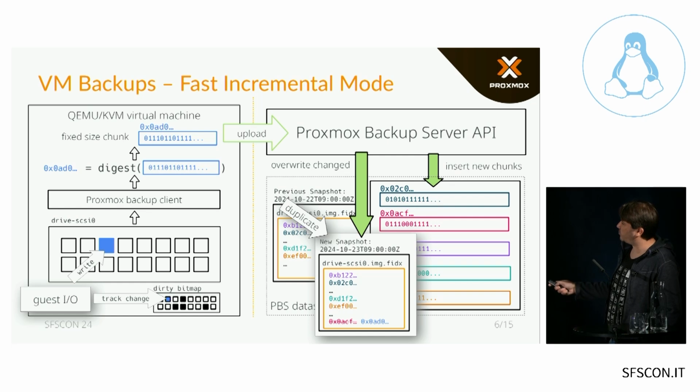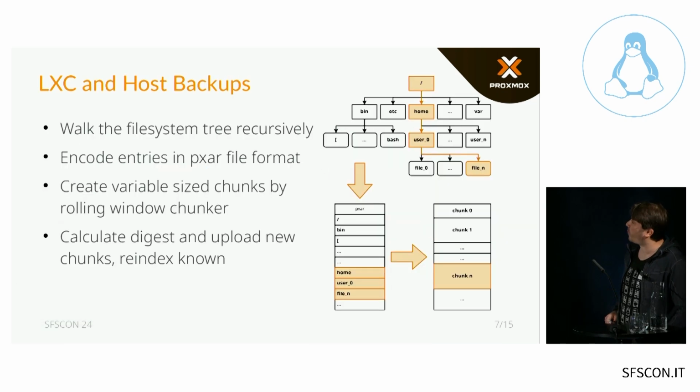On the server side, we duplicate the previous snapshot and only overwrite the changed data blocks, thereby being really fast in creating incremental backups, whereas the actual backups themselves are fully self-contained.